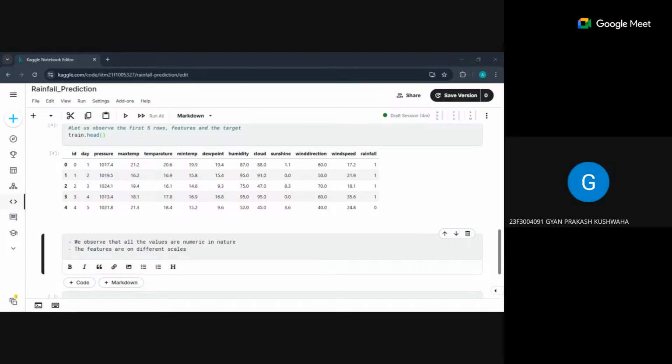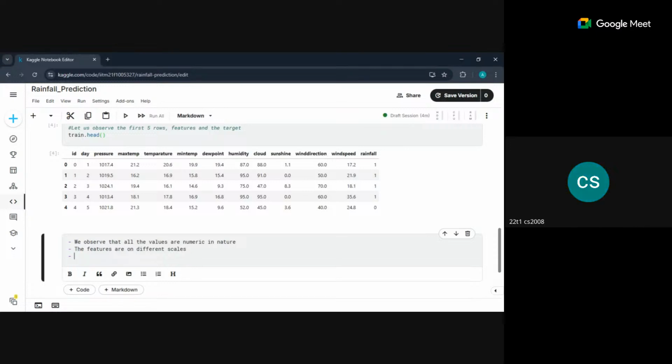Redundant feature ID. So ID should not be part of the training. Anything else?